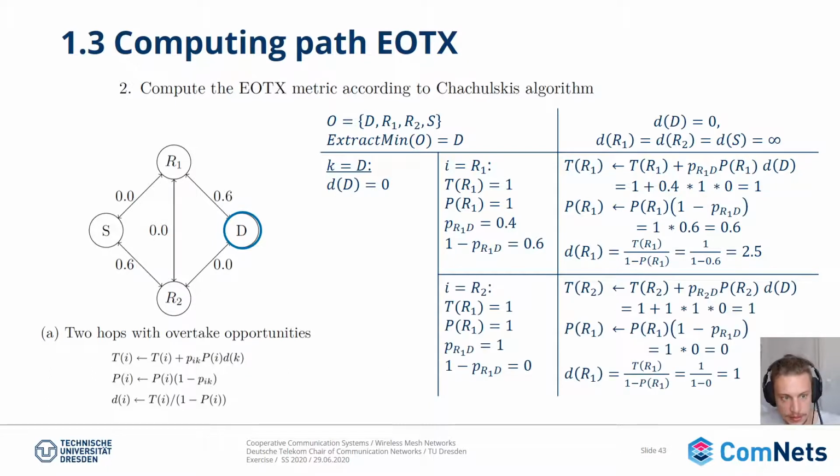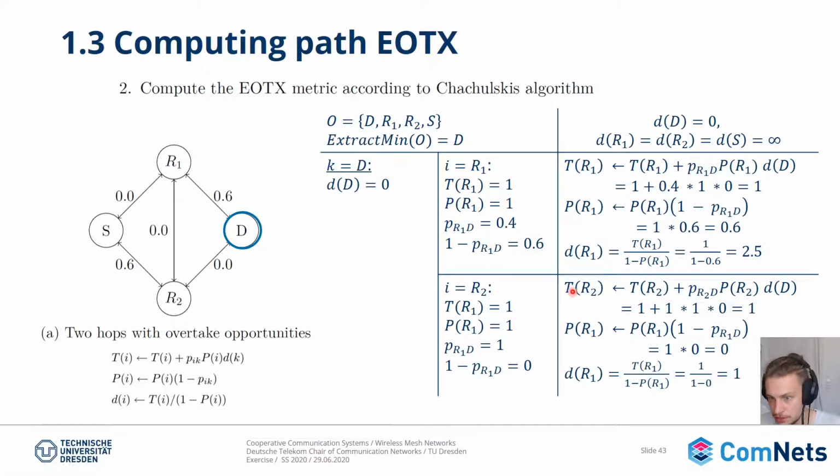So the second incident edge is here, so we update R2. Again, we look up the values, write them down, and use the initial guesses because R2 was not updated until now. We know that the link is perfect, so this is 1.